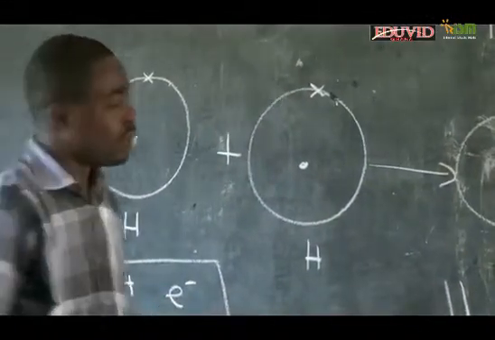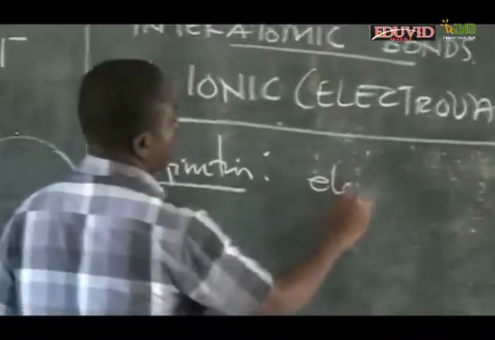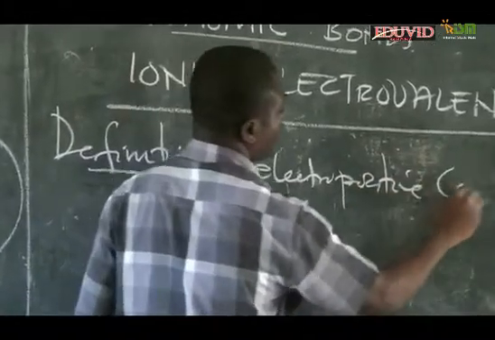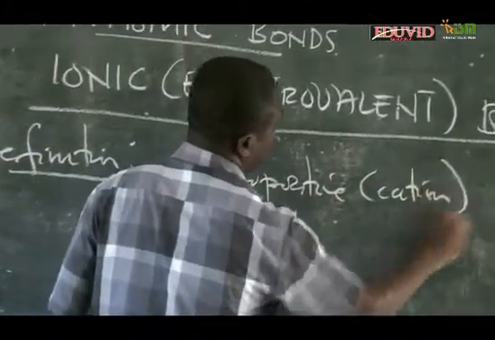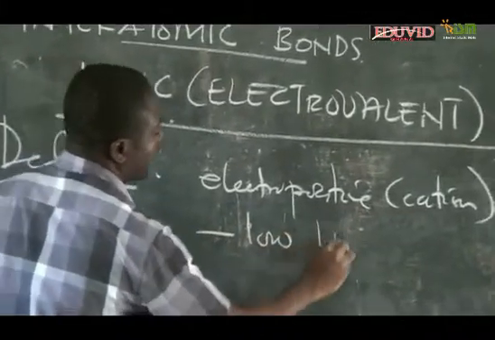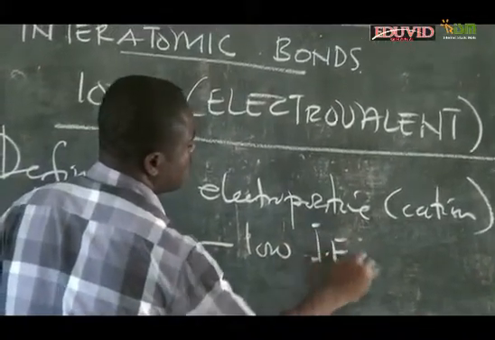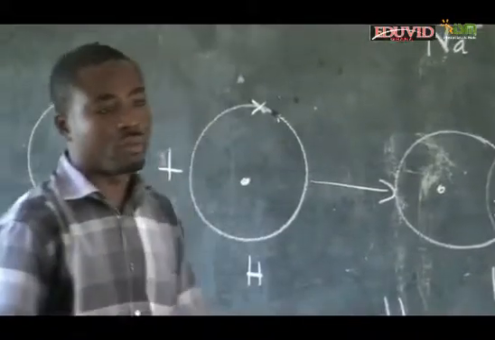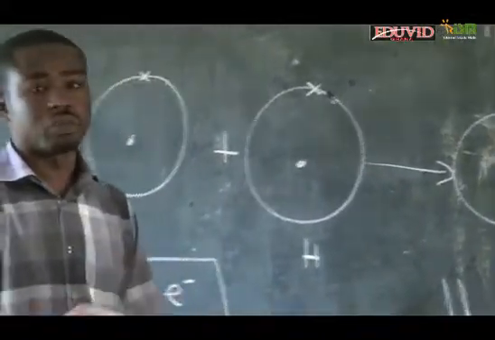The first element, the electropositive element, which is usually the cation, must have a low ionization energy. That is, the energy required to remove an electron from that atom should be very small.